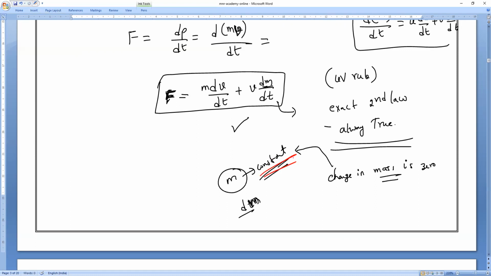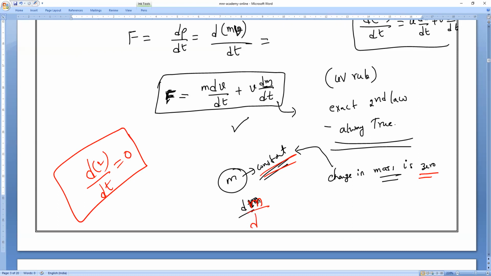Constant means, suppose differentiation of 2, what is the answer? Yes, 0. Same way, dm by dt equals 0. Understand all of you? So the differentiation of m is 0 because m always remains constant.